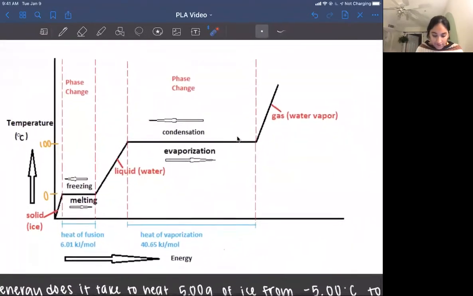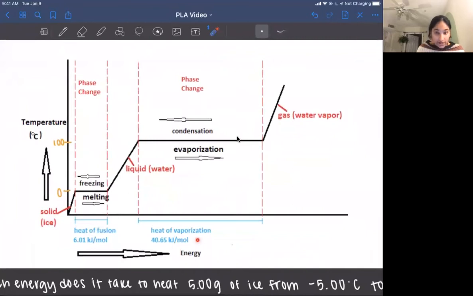So here we have our phase change diagram with energy on our x-axis and temperature on our y-axis. So we're taking a look at what happens when we add more and more energy to solid ice. Initially, if we have that solid ice starting at a temperature below zero, that initial addition of energy goes into increasing the temperature of that ice.